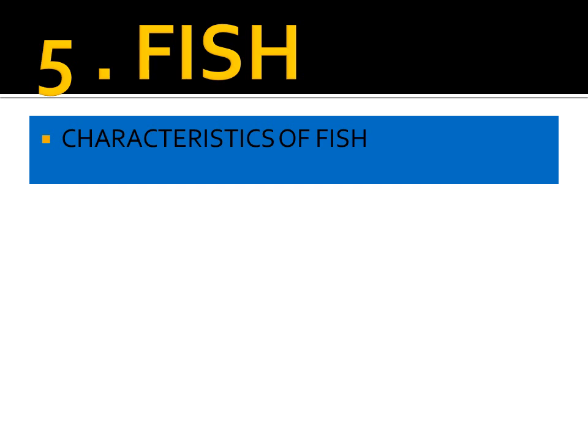Pupils, we move to number 5, fish. Characteristics of fish: they live in water. 2, they are covered with scales. 3, they lay unfertilized eggs in water. That is, their eggs are fertilized by the male once laid.